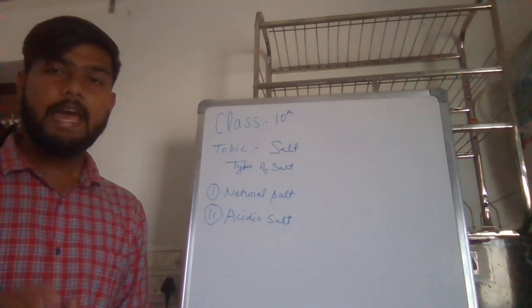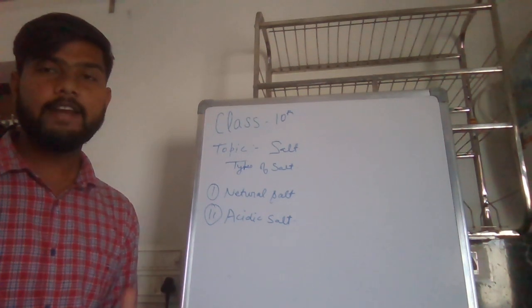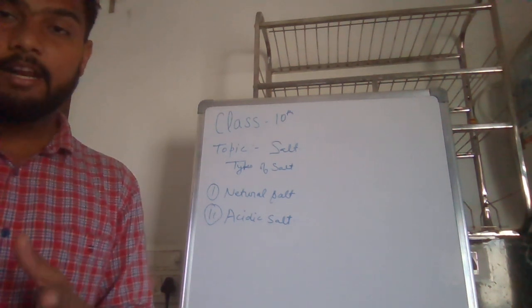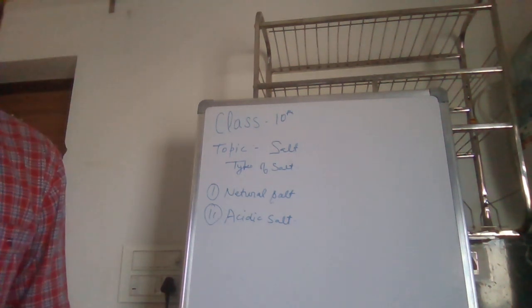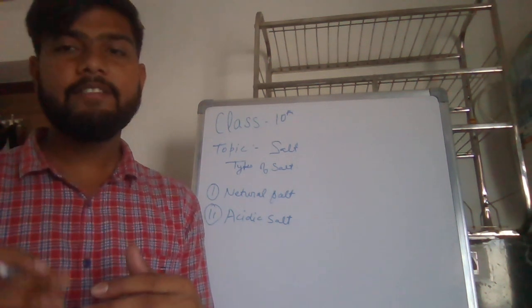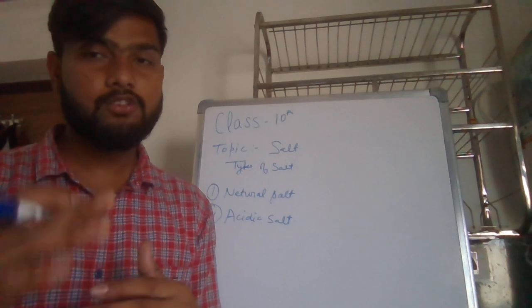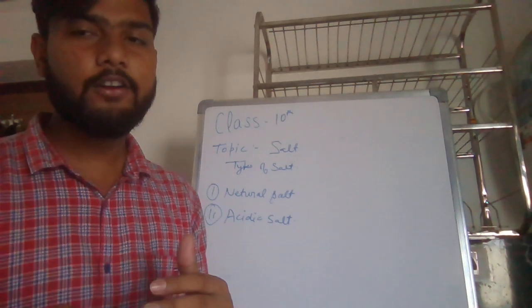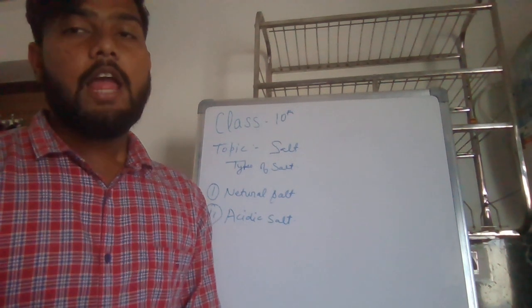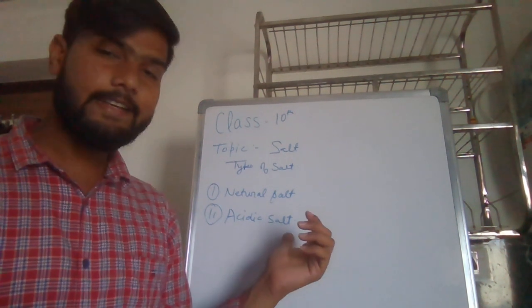For example, ammonium sulfate, ammonium chloride. The pH value of both will be less than 7. Ammonium chloride is formed after the reaction between hydrochloric acid, a strong acid, and ammonium hydroxide, a weak base. I hope this acidic salt is clear to you.